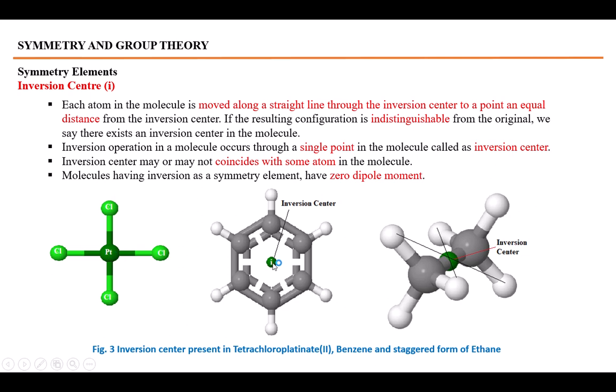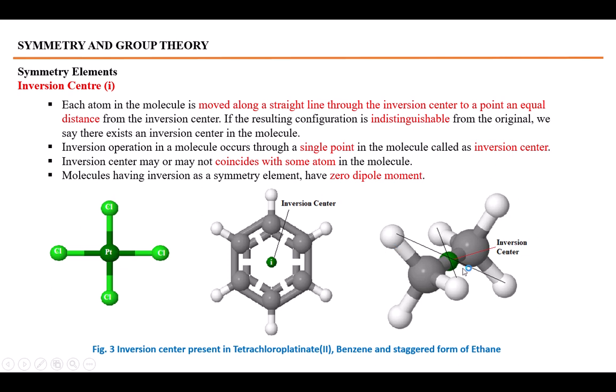So an inversion center exists in benzene, in tetrachloroplatinate(II), and in the staggered form of ethane, in between the two carbon atoms. Keep in mind that the inversion center may or may not coincide with some atom in the molecule. It is not necessary that the inversion center should be an atom. Like here, the platinum atom is an inversion center.